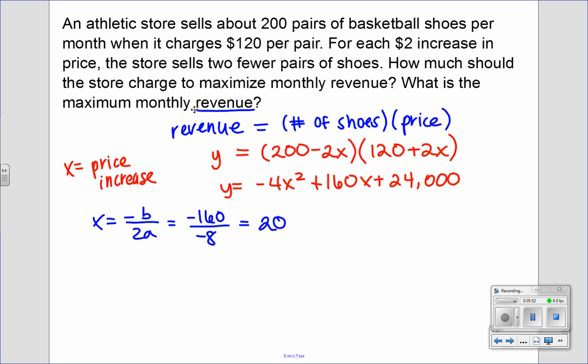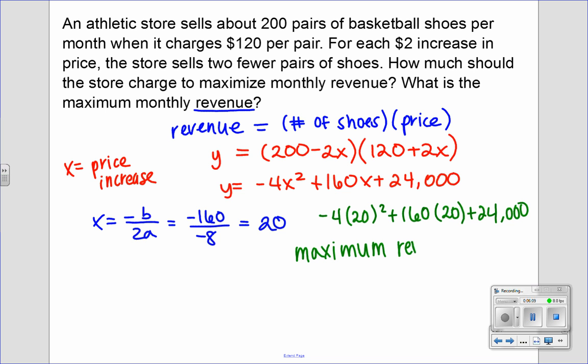So we get negative 4 times 20 squared plus 160 times 20 plus 24,000. And so our maximum revenue is going to be $25,600. And that's our last part.